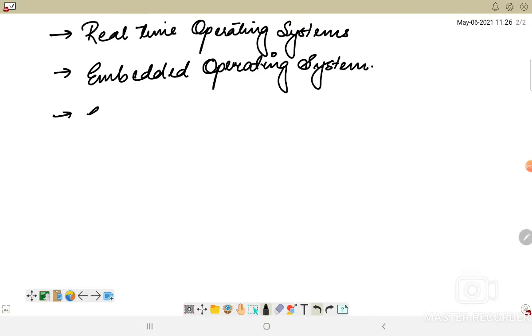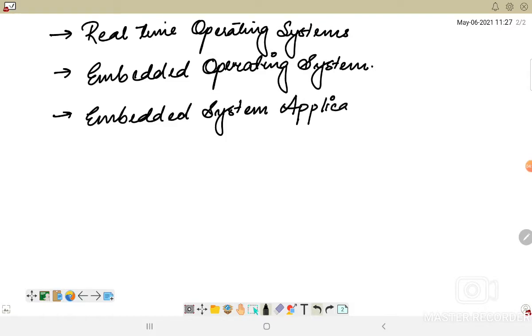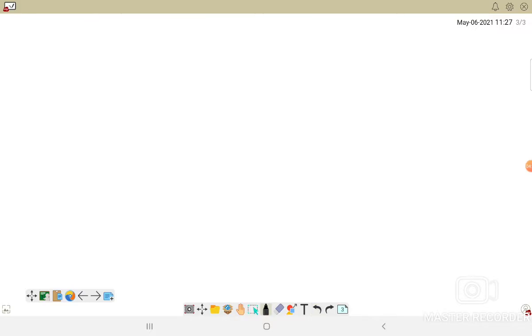And we have embedded system applications. All of these three categories will basically depend upon the processor to process different types of tasks which a system might be receiving. Now, to ensure that the operating system guarantees that each task is activated at its proper rate and meets its deadline, some periodic scheduling algorithms are used.